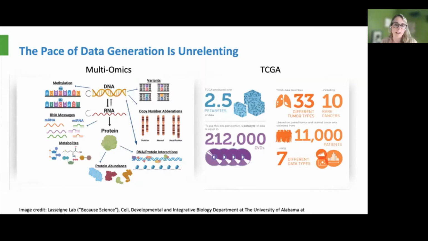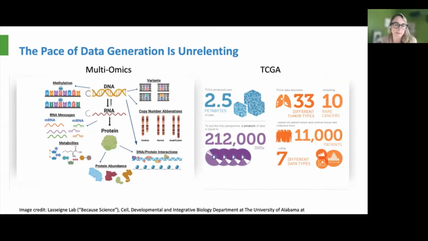Some of them even have adjacent tissue controls. It's like 2.5 petabytes of data. I mean, it's just extraordinary. And what's pretty awesome and wild about it is that you can just have this for free. You can just go and download all of this and analyze it.